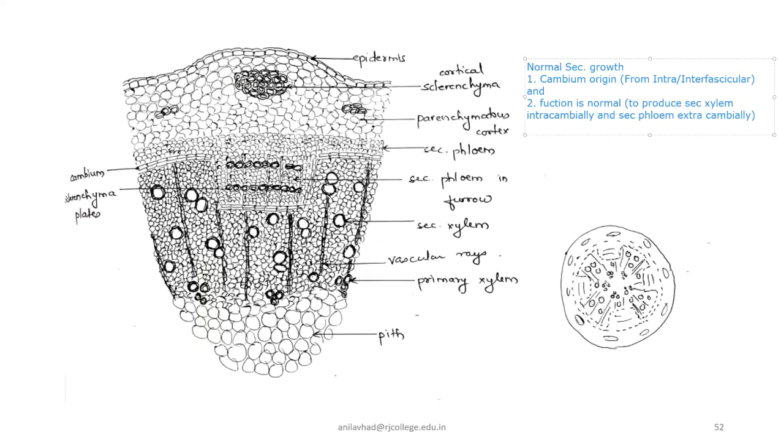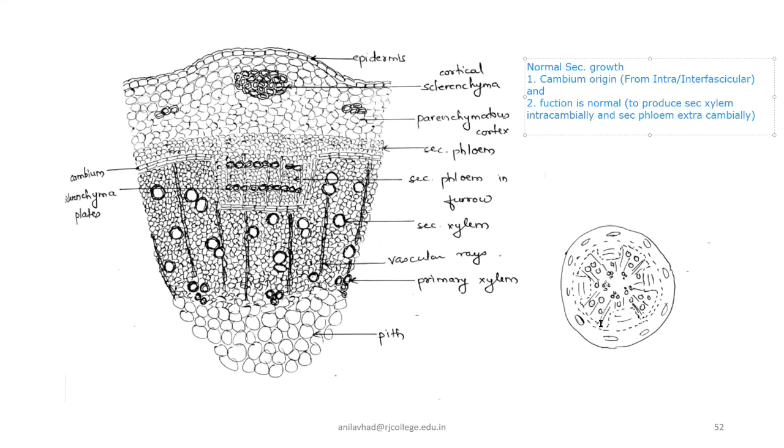Okay. See, initially the cambium was working normally by producing secondary xylem intracambially and secondary phloem extracambially. But in this diagrammatic representation, you can see the entire ring of cambia divides into 8 strips.